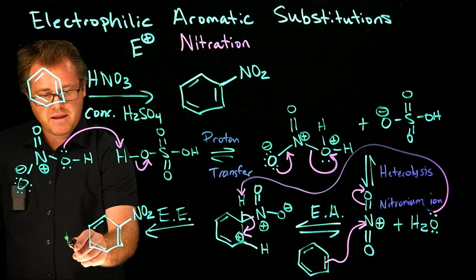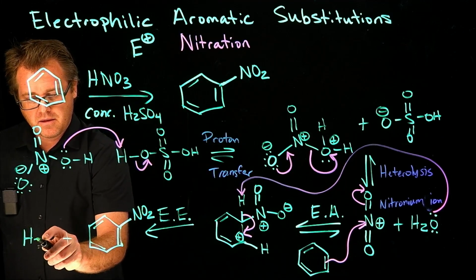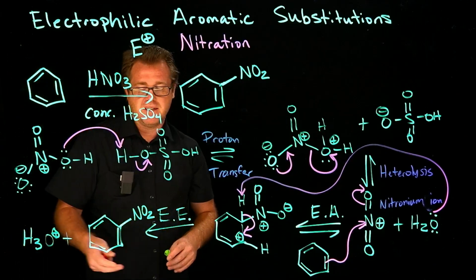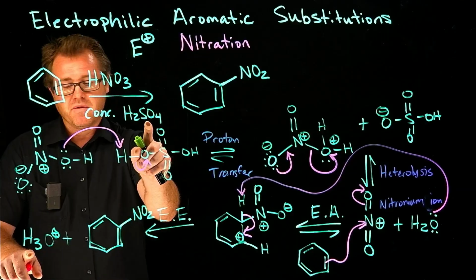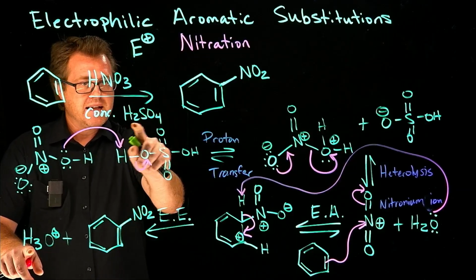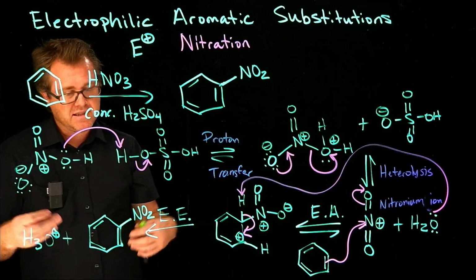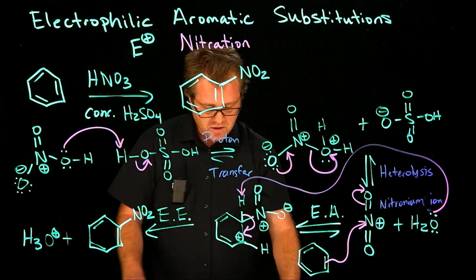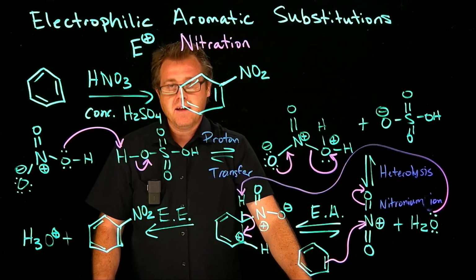And what else did we generate? We generated hydronium, which is analogous to sulfuric acid. That's a strong acid, that's a strong acid. It's pretty much saying the same thing. And so that right there is a nitration.